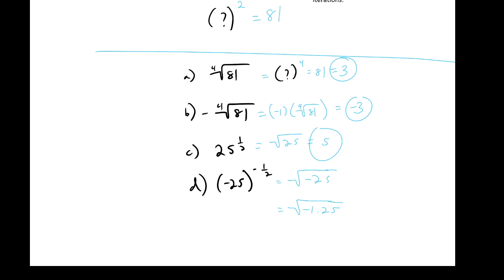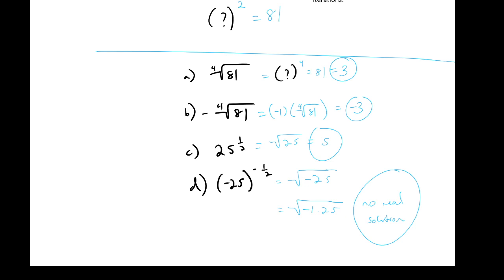A positive times a positive, identical to itself, or a negative times a negative, is always going to have a positive outcome. So since we can't have a negative when we multiply something times itself, we can't take a negative square root. So here, we're going to have no real solution.